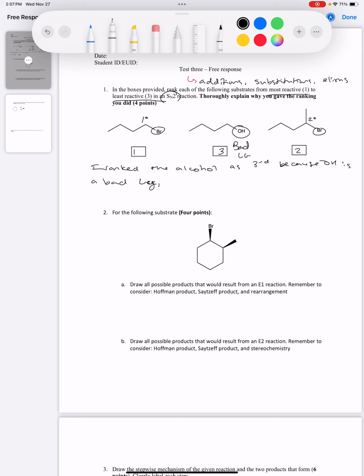OH minus is a bad leaving group, which means it is not favored to undergo any substitution or elimination reaction.